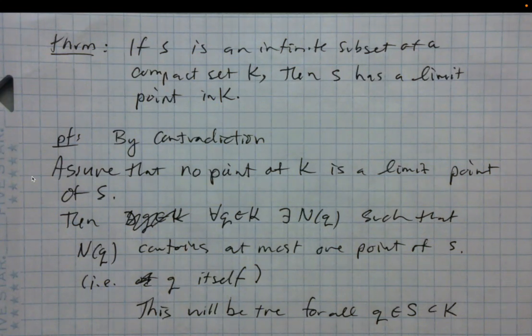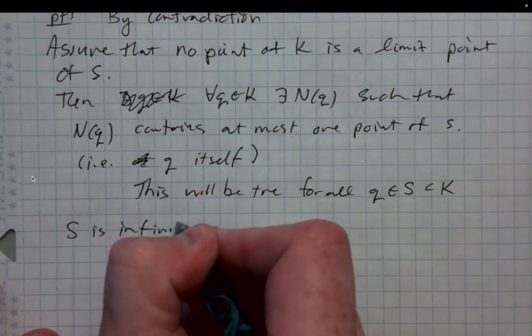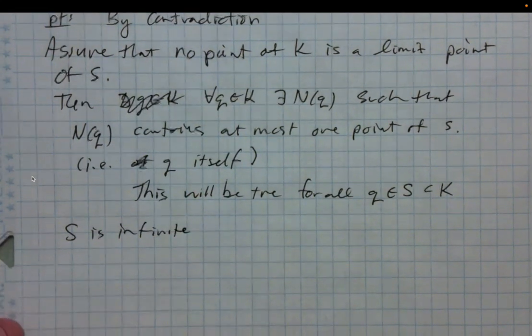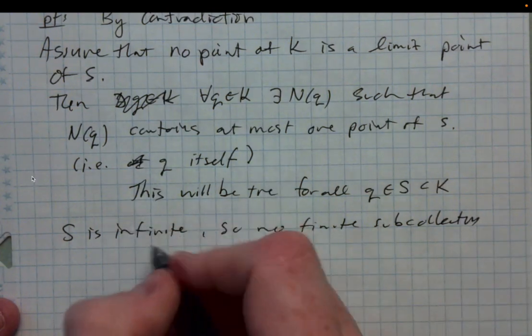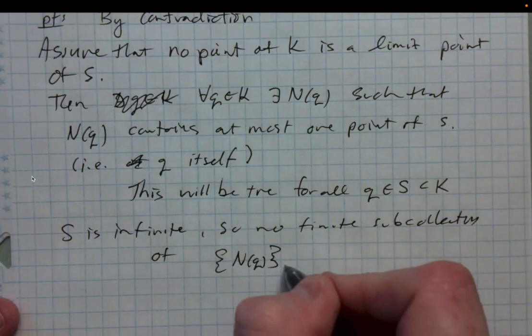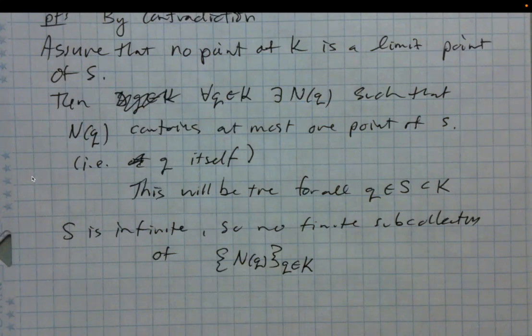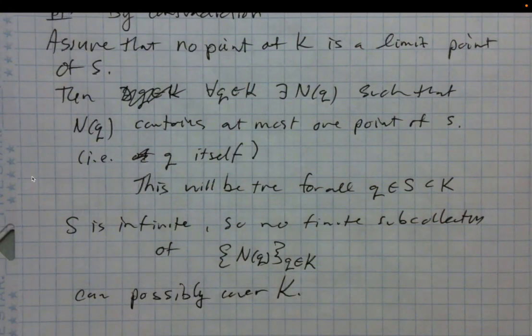Now, S is infinite by assumption. So no finite subcollection of these neighborhoods N sub Q can possibly cover K. And that's the contradiction, right?